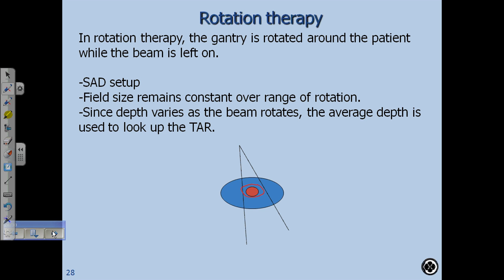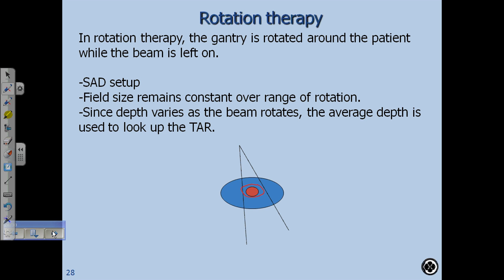So it's a nice circular distribution for the prostate, and you can deliver quickly. There's only one monitor unit you have to type in. You just type in one set of monitor units, turn the beam on, and away you go, instead of delivering from many beam angles. So it simplifies the treatment too.